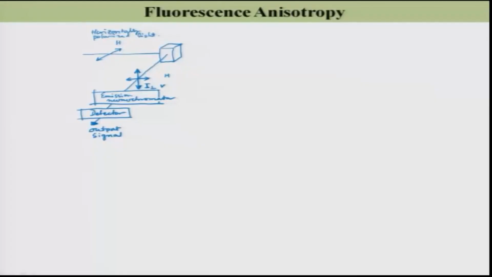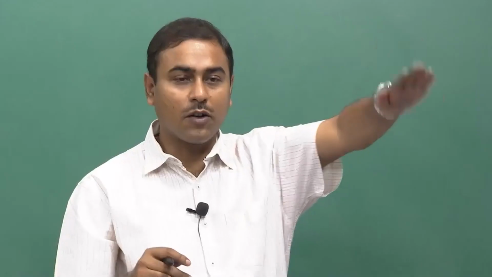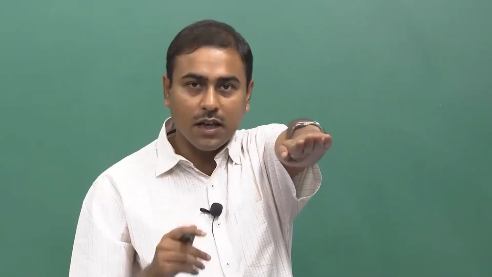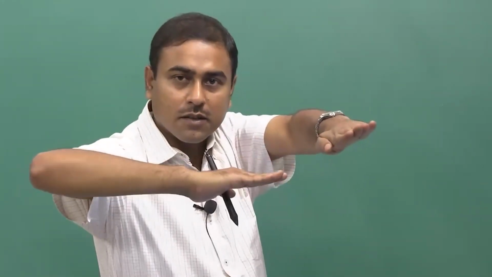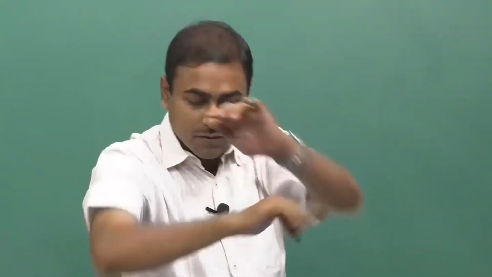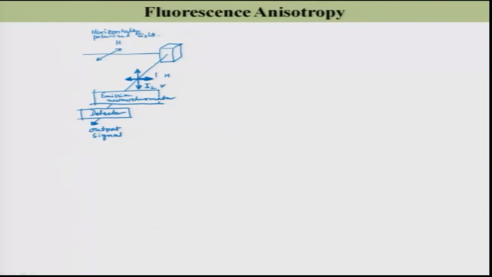Now, towards this horizontal light, this emission which is horizontal, as I have shown, the light is exciting this way and the emission is this way. This is also perpendicular. So, this is also I perpendicular.